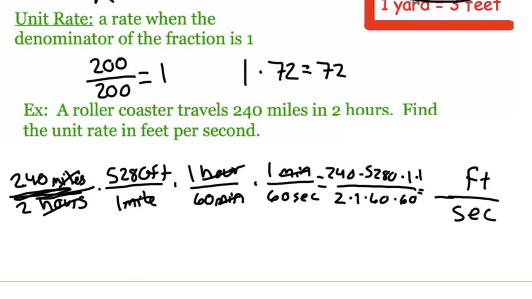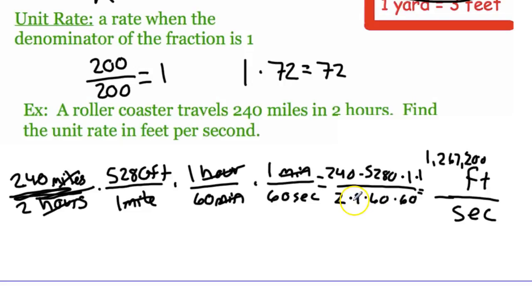Let me pause this and calculate. When I multiply all these numbers together, the numerator becomes, and it's really big, so I'm going to try to write it on an angle, 1,267,200 feet.